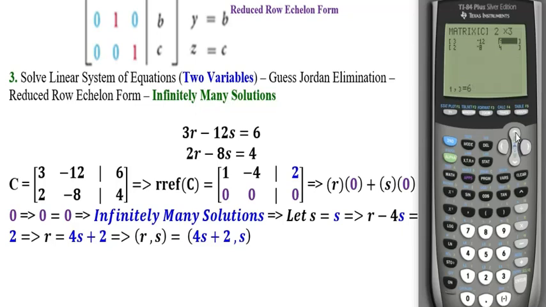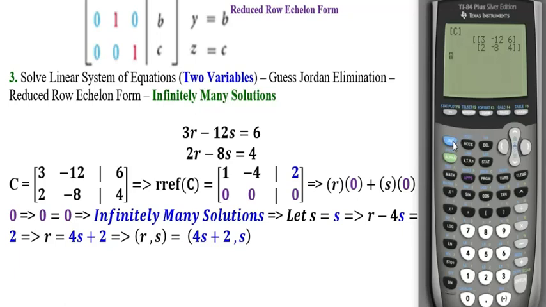Again, make sure our entries are correct. So 3, 2, minus 12, minus 8, 6, 4. Then second matrix, go to C, hit enter, and here it is: 3, 2, minus 12, minus 8, augmented with 6, 4.